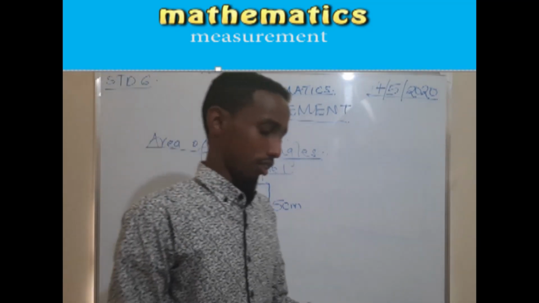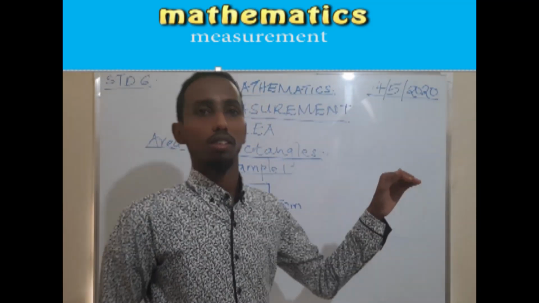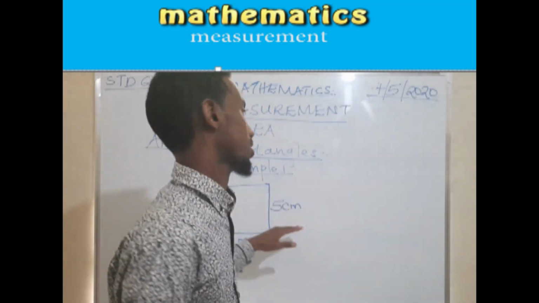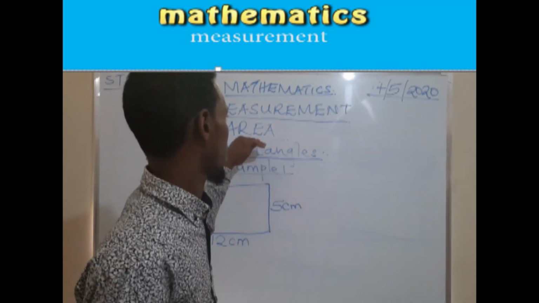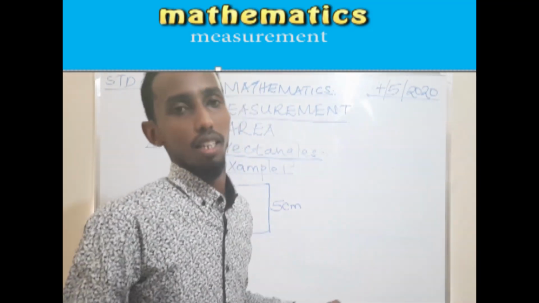Now, in the previous lessons, remember we talked about perimeter of irregular and regular shapes, but when we come to area, we are going to deal with regular shapes only.